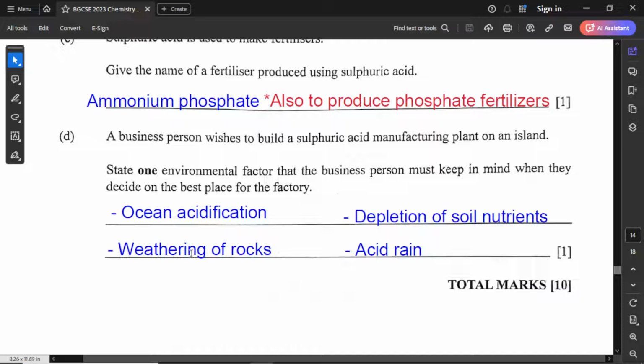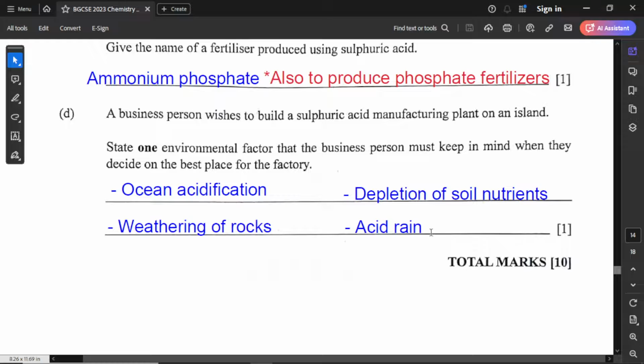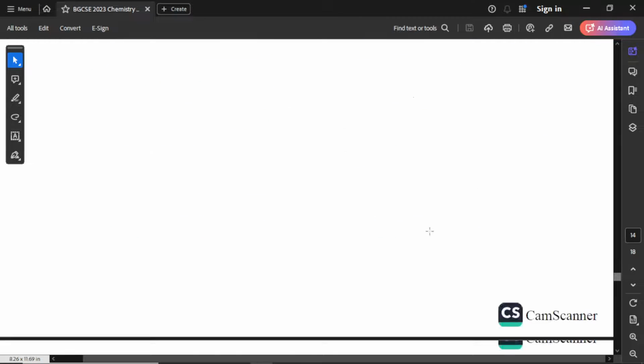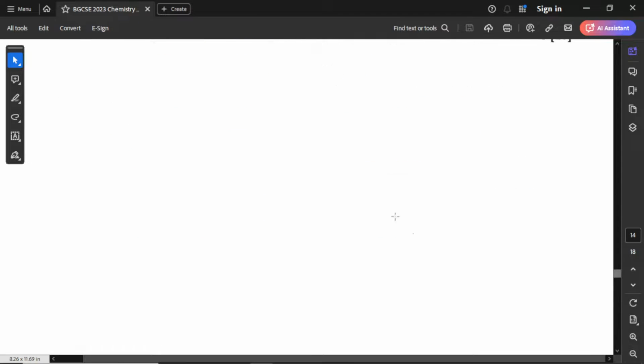Also, if it is rocky, then you may have weathering of rocks, because acids will break down the rocks over time. Also, depletion of soil nutrients if it's near farms. And generally, if it's where buildings, plants or agricultural places are, then you can think about acid rain. So you have discharge in the atmosphere and the rain could become acidic. All right, so acid rain, definitely.